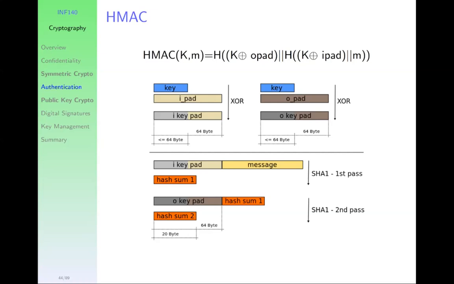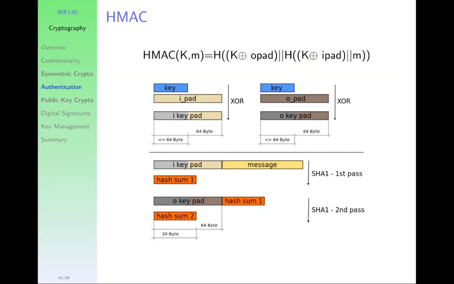And normally the key of HMAC is like 128 bits or 256 bits. This key is XORed with the internal pad. It gives an internal keypad, so it's 64 bytes.